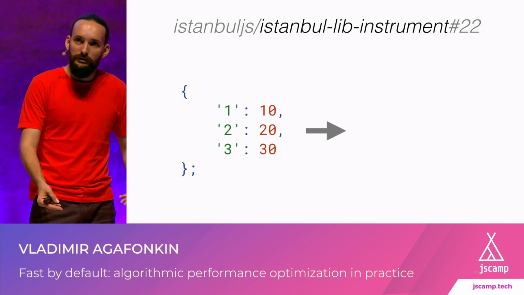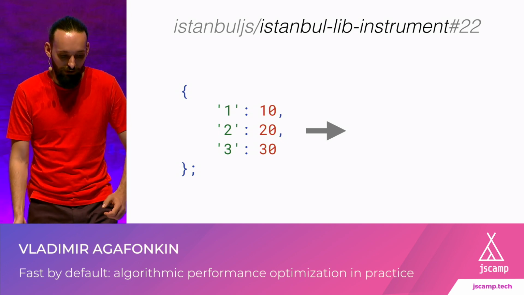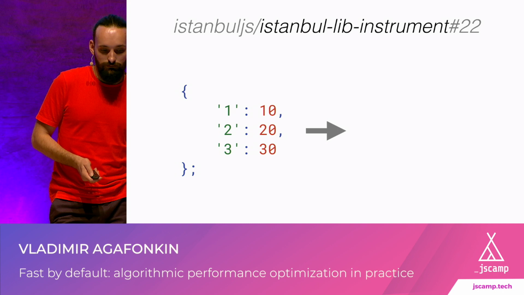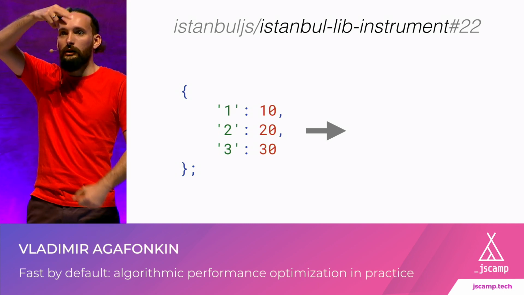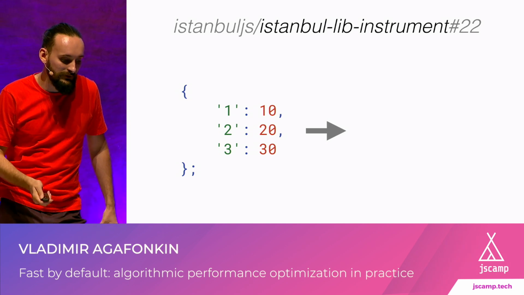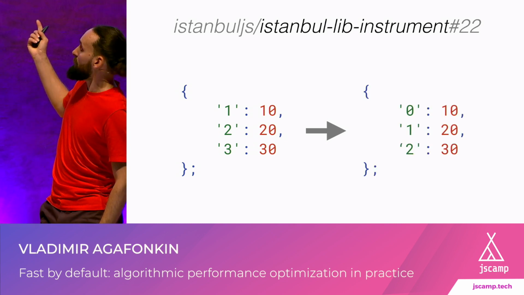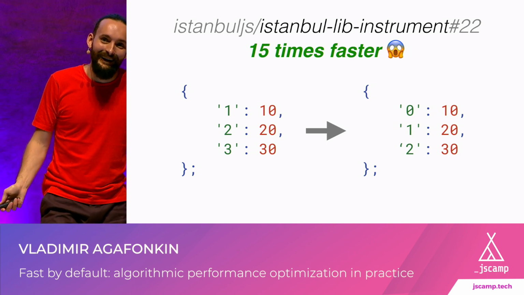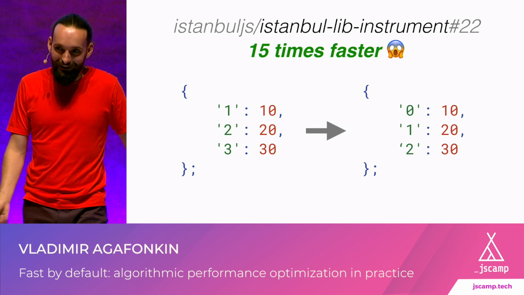So I started digging deeper into it, and it's a really popular tool that's used very extensively. And it turned out that if you take the object where the statistics about which lines are called how many times are stored, and change one line of code so that it starts with 0, it gets 15 times faster. And this is a very popular established project.